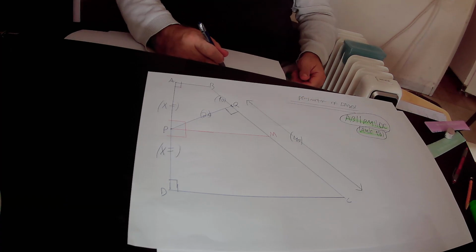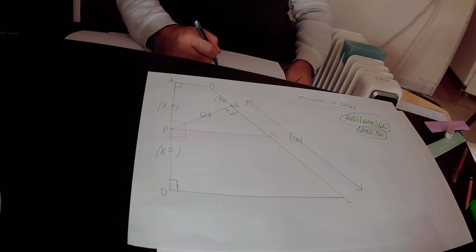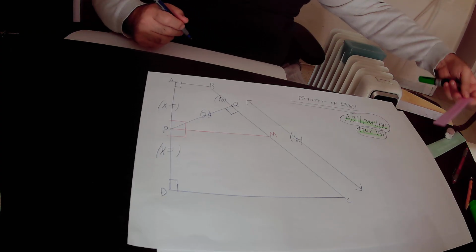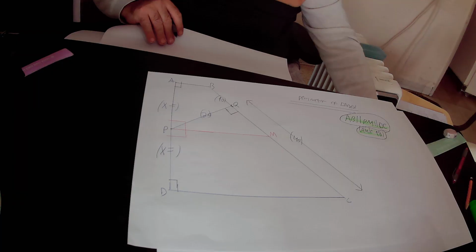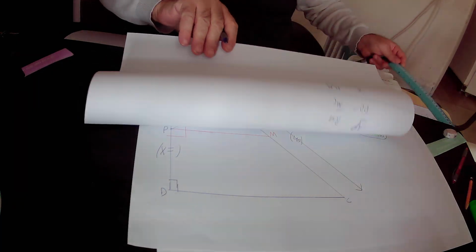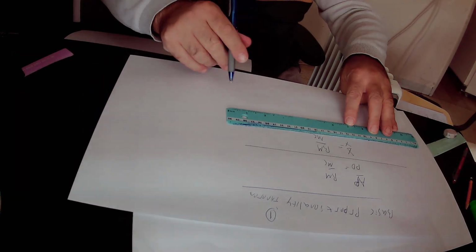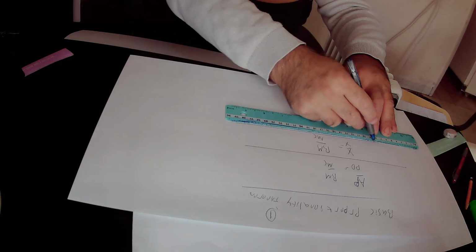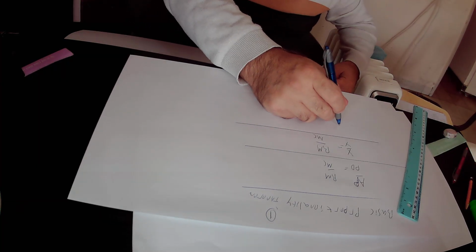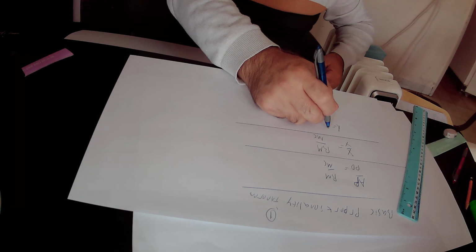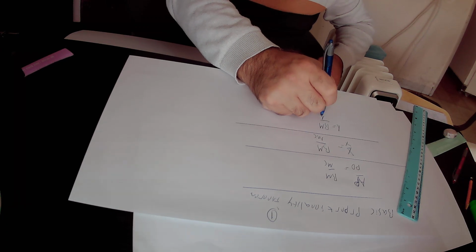So in total, we found out that according to the basic proportionality theorem, x over x equals BM over MC. x over x is 1, so 1 equals BM over MC.